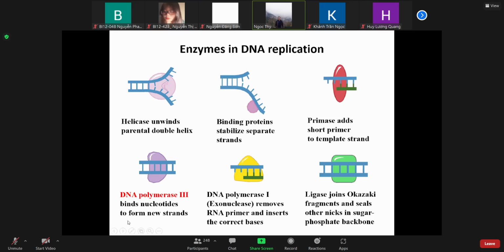DNA polymerase, the main enzyme here, will start to synthesize the new DNA strand from the RNA primer. The exonuclease will remove the primer and add dNTPs to form DNA at the position of the RNA primer. And finally, we have ligase, which joins the discontinuous fragments together.